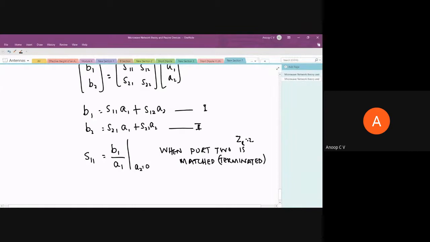Most transmission lines for commercial use come with a characteristic impedance of 50 ohm or 73 ohm. So we can have a load which is equal to 50 ohm. If you connect that, there won't be any reflection.